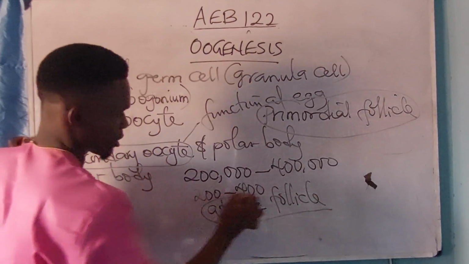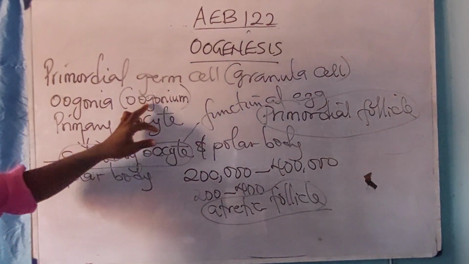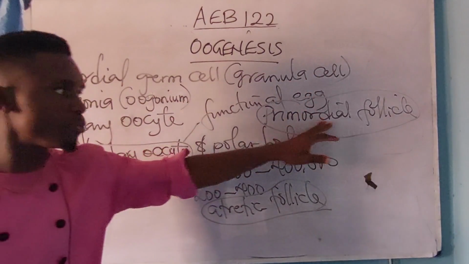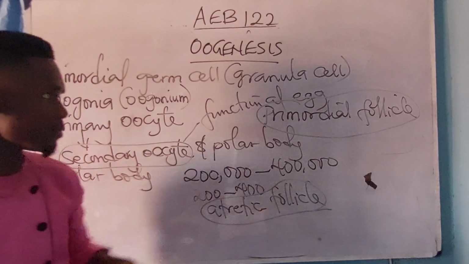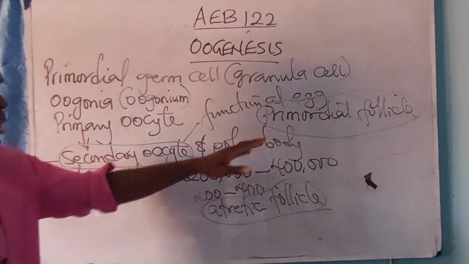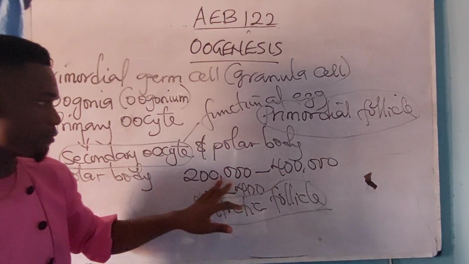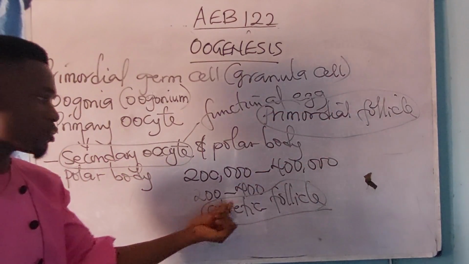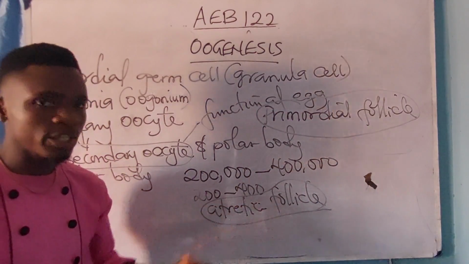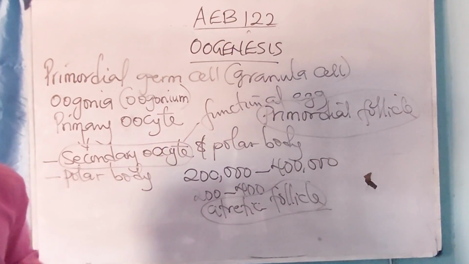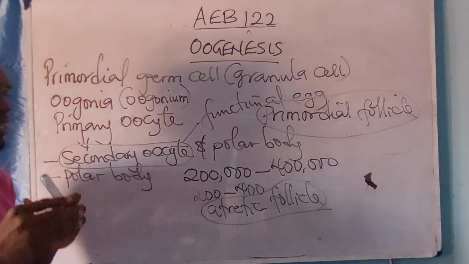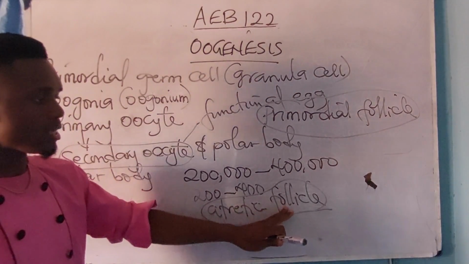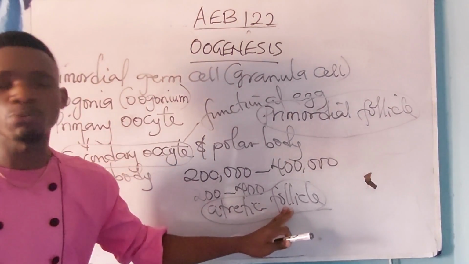Please take notes. The oogonium is enveloped by the granulosa cell, which develops into the primordial follicle. At first year you have about 200,000 to 400,000 of these follicles, but only about 200 to 400 undergo complete development. Others degenerate or die off into a cyst-like body called an atretic follicle, which does not have the ability to produce an egg.